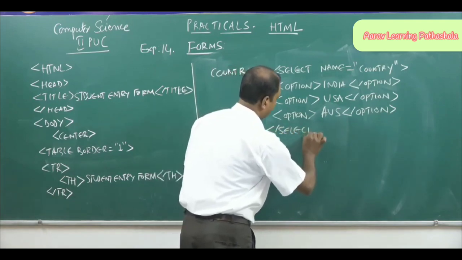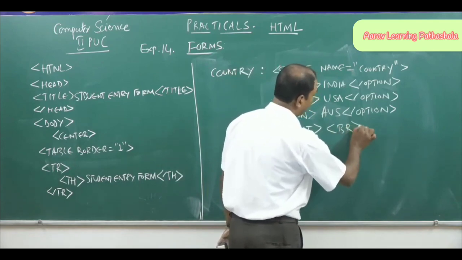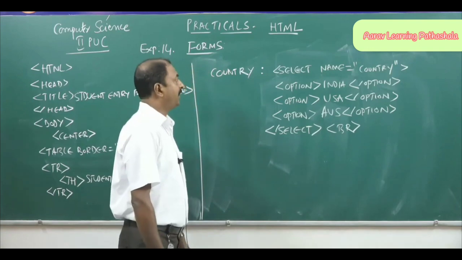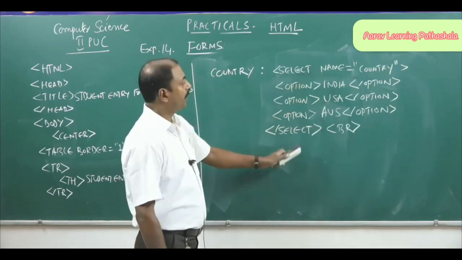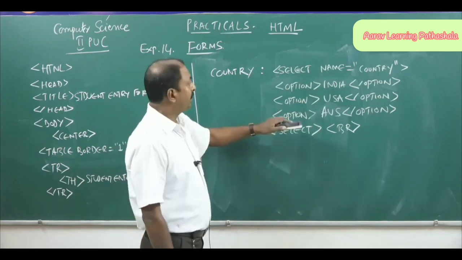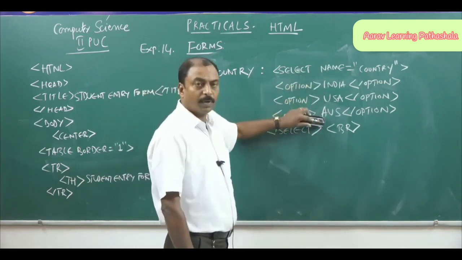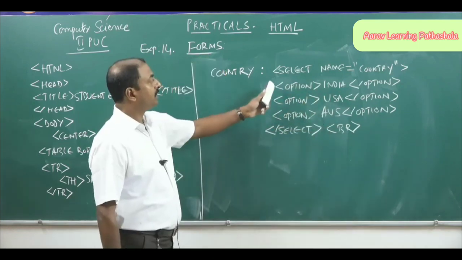We can make use of the BR tag so the display will be in the next line. So this is the select tag we are using here to display the drop down menu. Under this we have three options, and you can have any number of options in your drop down menu. This is the drop down menu, one of the elements.